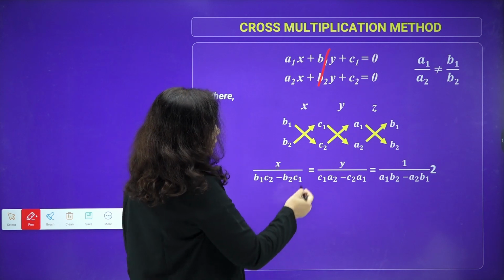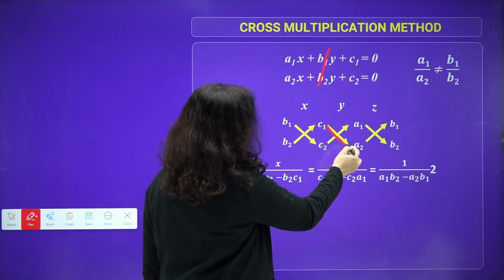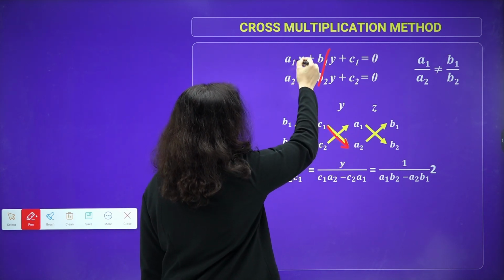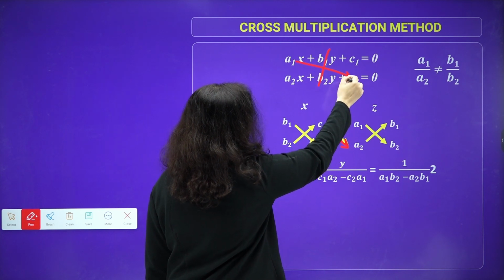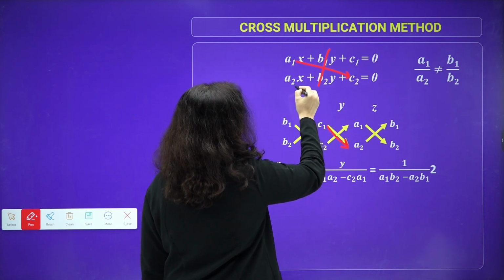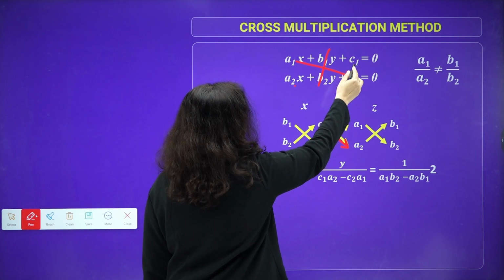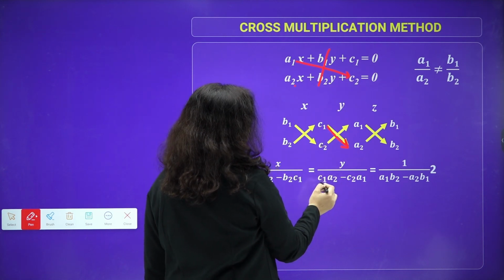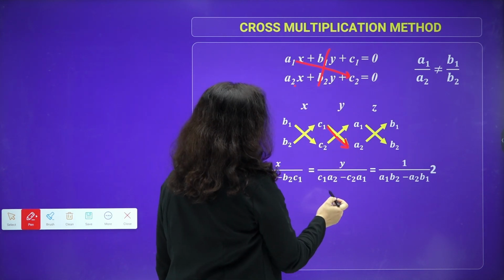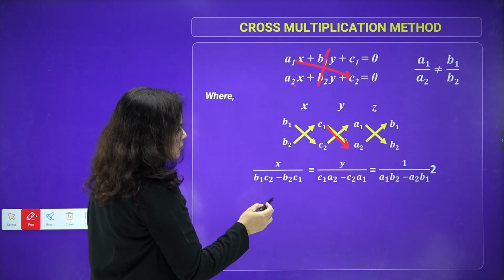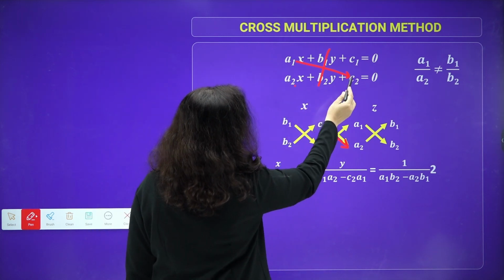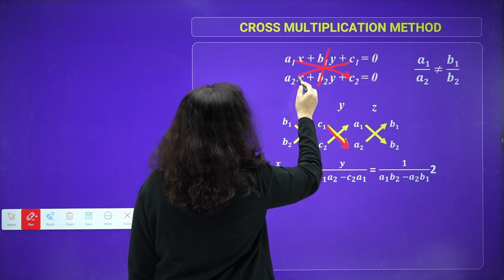So in which order are we moving? C1 into A2 minus A1 into C2.